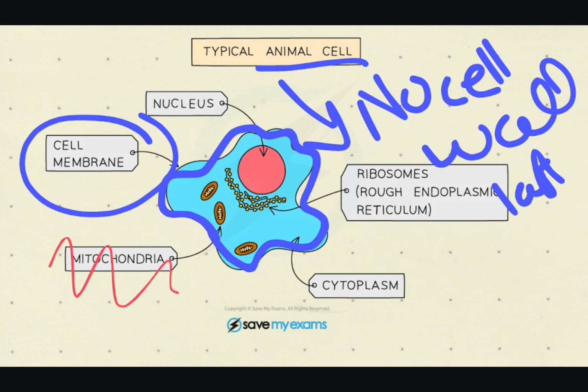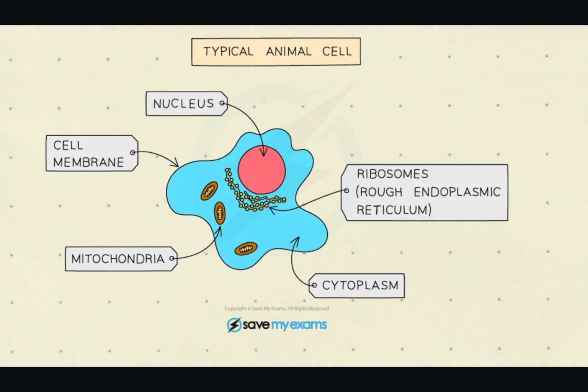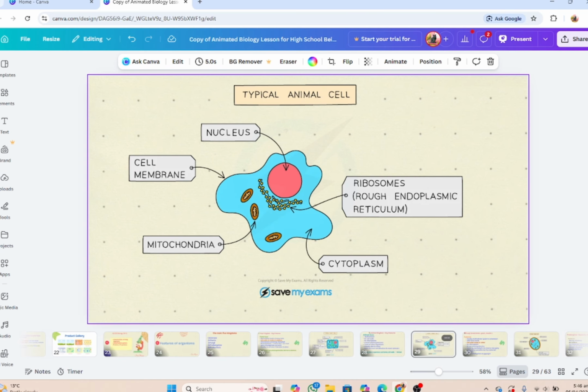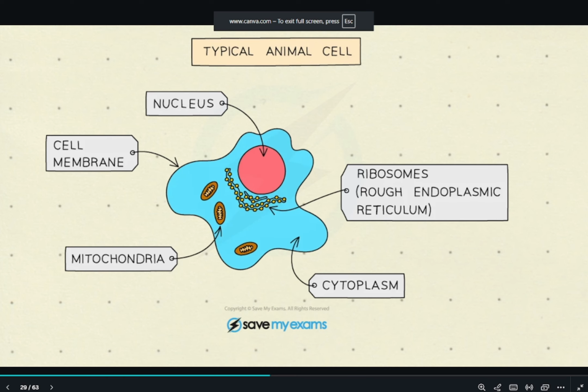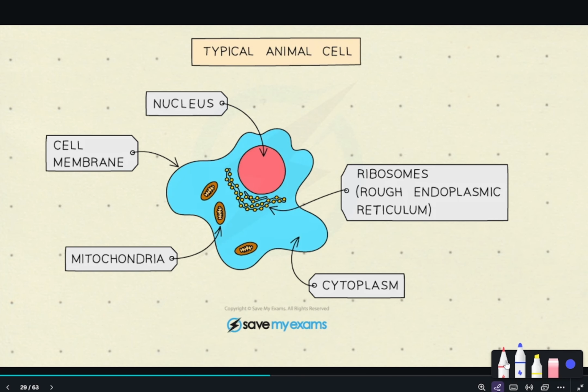Plants store their carbohydrates in the form of starch inside starch granules, right? But animals store their food in the form of glycogen.